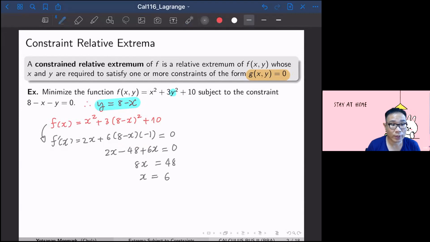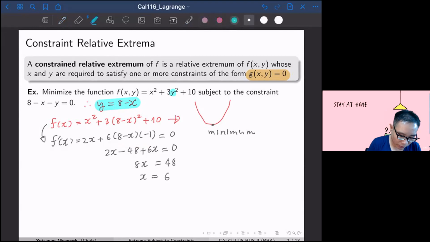If you graph f, it is going to be a parabola opening up. When you have a parabola opening up, you're going to have the minimum. The question already tells you that it's going to be a minimum, so you don't need to test anything.